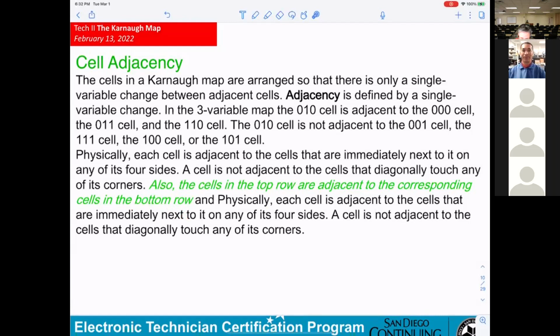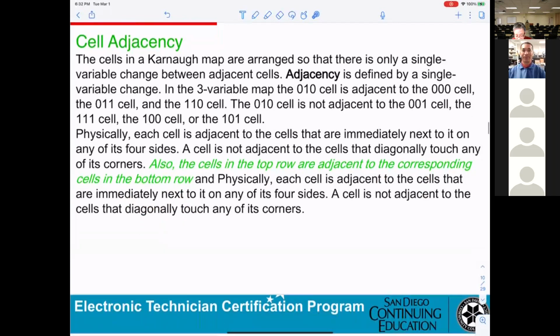Again, each cell is adjacent to the cells immediately next to it on any of its 4 sides, and not to cells that diagonally touch its corners.